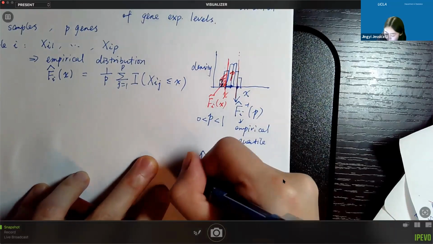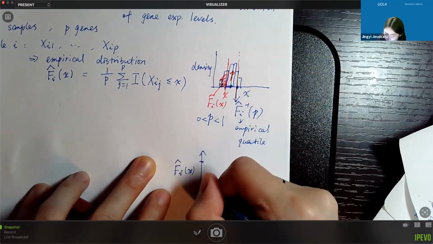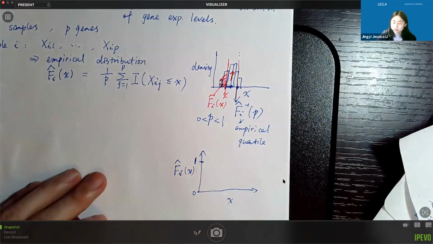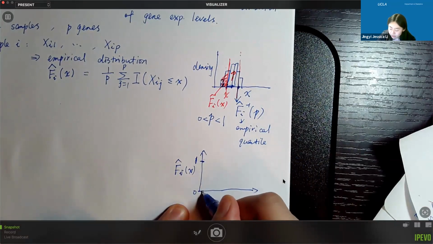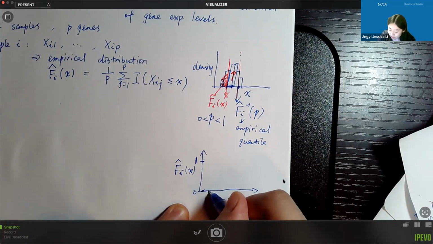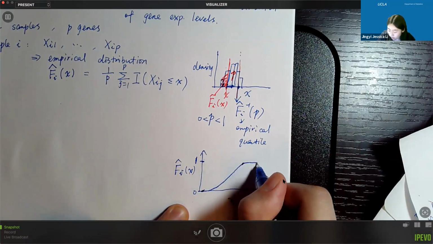The CDF goes on the y-axis, from 0 to 1. That's what we define by a CDF. When the value of x is small, it starts from 0, and then it goes up to 1. After it reaches 1, it stays as 1.